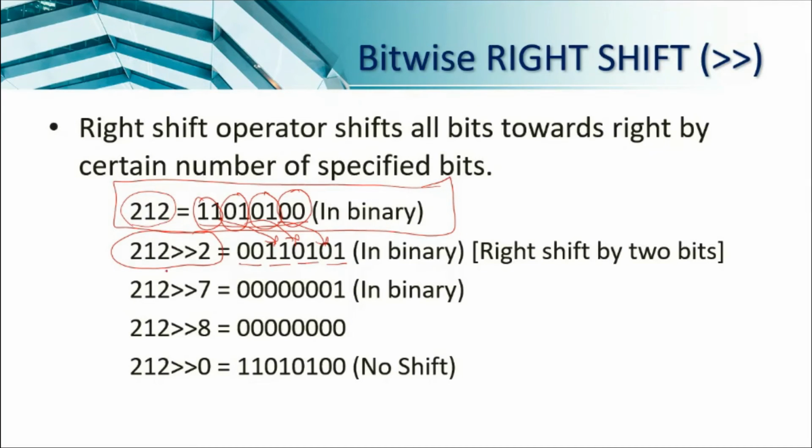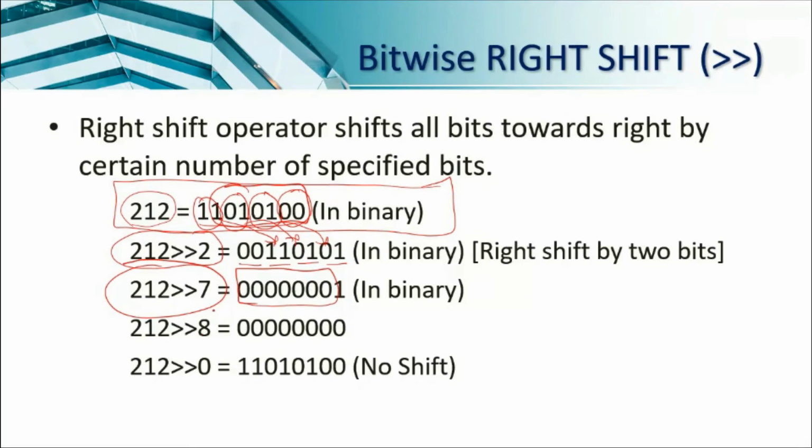So if we do 212 right shift 7, it has to be shifted by 7 digits. 7 digits means we have to put 7 zeros in front, and then we start writing this particular number. So only one digit can be written, because the 7 digits after that are truncated. So that is how the right shift works.